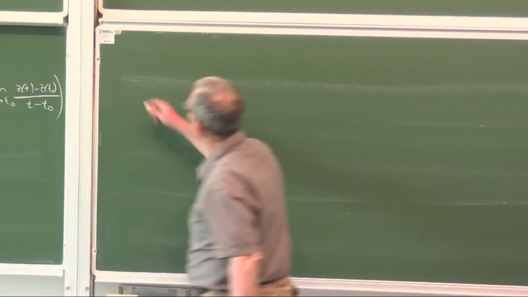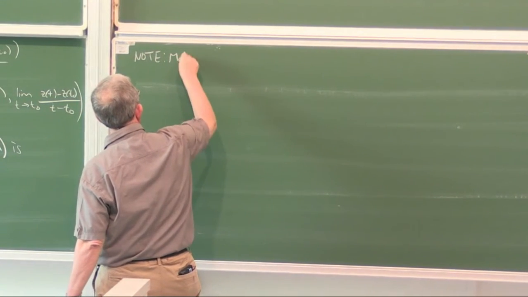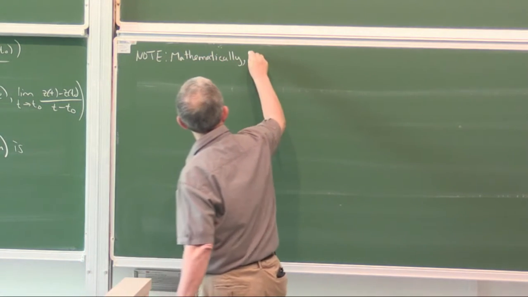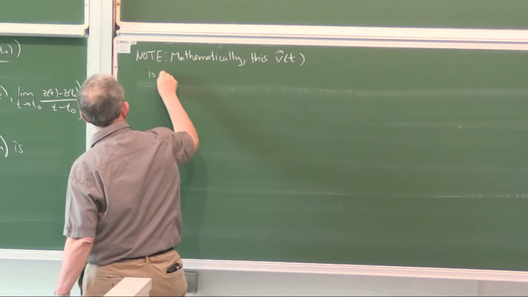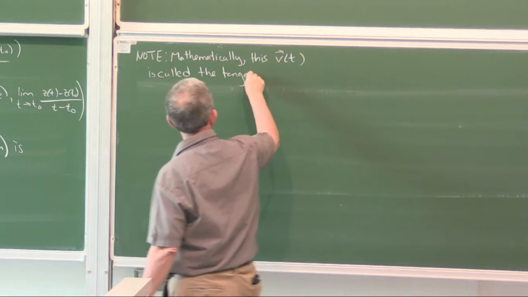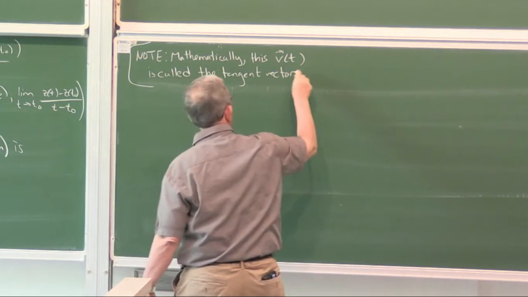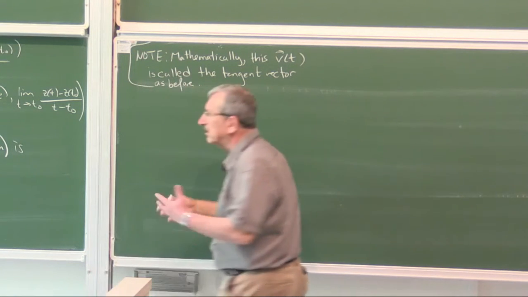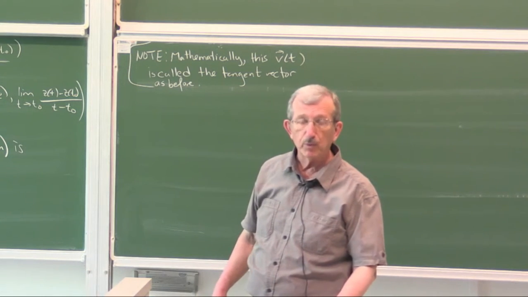So, as a note, mathematically, this vector v of t is called the tangent vector, as before. So we already considered this, but now we are looking at the problem from the point of view of physics.